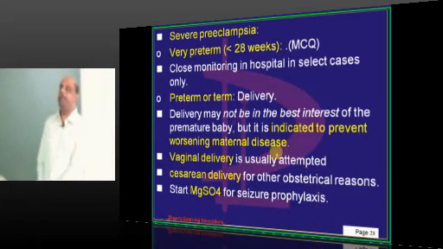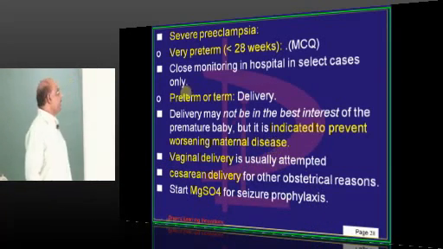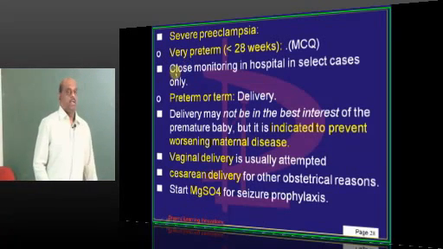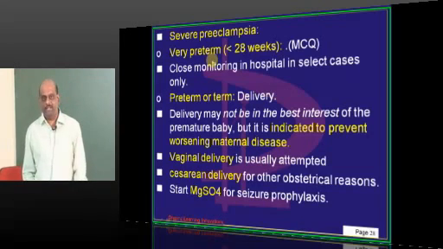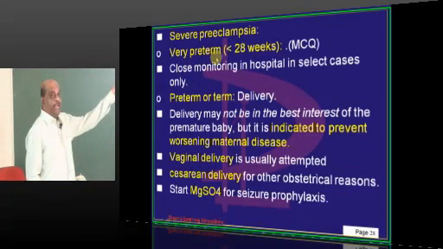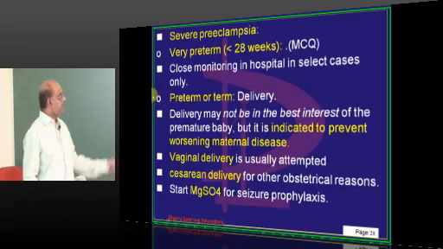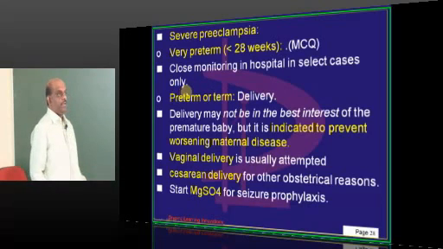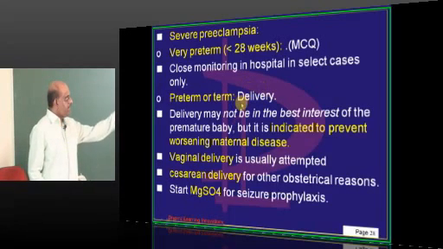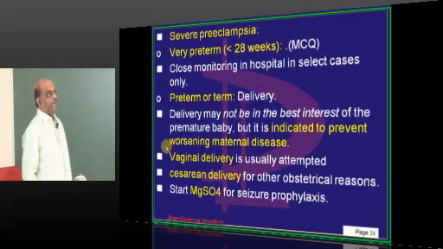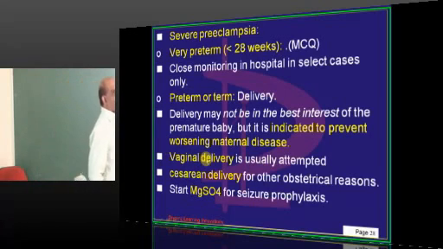If it is a severe preeclampsia, what do you want to do? If it is very preterm, I am trying to revise the same thing which we discussed in the algorithm. Very preterm, less than 28 weeks: hospitalize the patient and closely monitor the patient in the hospital. And if it is preterm or term, don't wait, deliver. And in this case, why are you doing delivery?